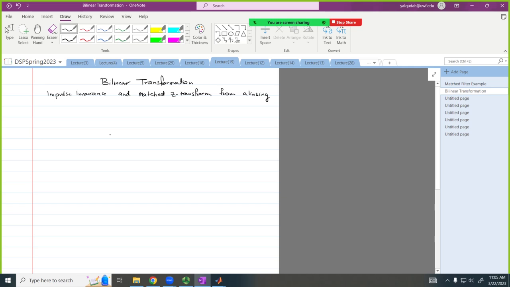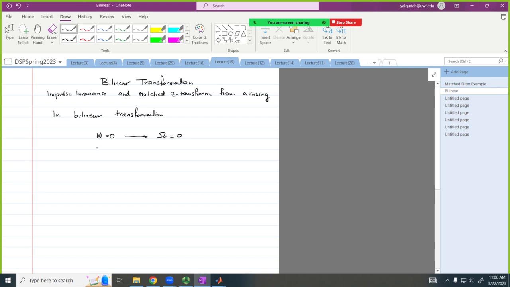So what we want to do in the bilinear transformation is the following. I want to take the continuous frequency, and when it is equal to zero, at a very low frequency, I want to map this to omega equal to zero.